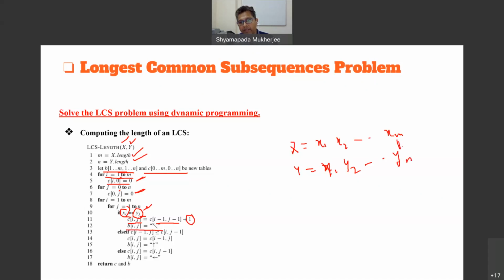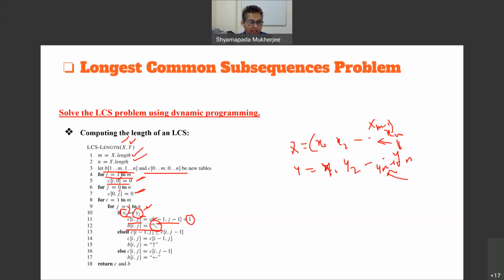If they are equal, then the longest common subsequence will become smaller by reducing it. We will consider the longest common subsequence between xm minus 1 and yn minus 1. So the problem size is reduced by 1. That arrow is denoting that the problem size is reducing, one step back.